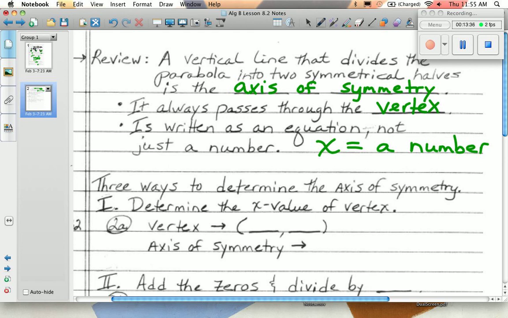Okay, so since it always passes through the vertex, and all the points on that axis of symmetry have the same x value, and I say to you that the equation of the axis of symmetry is x equals a number, where do you suppose we could get that number from?